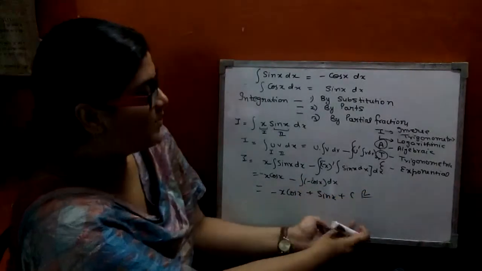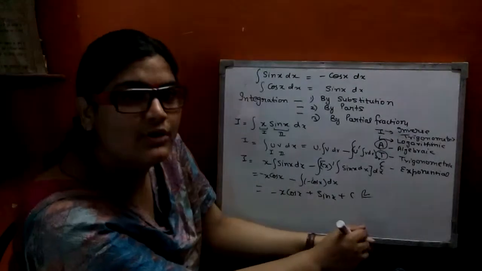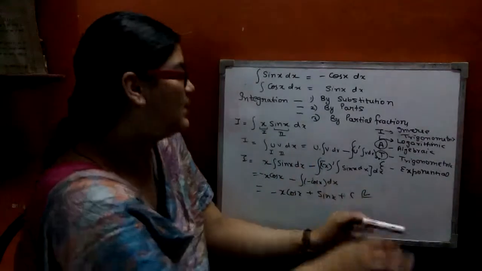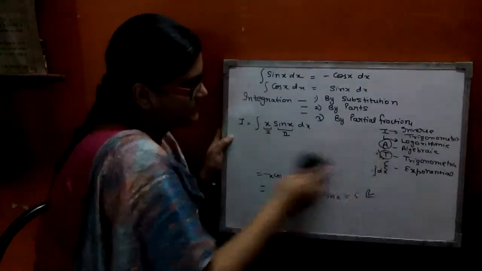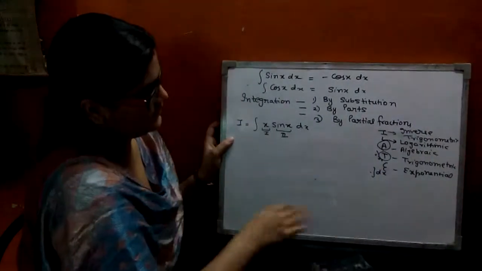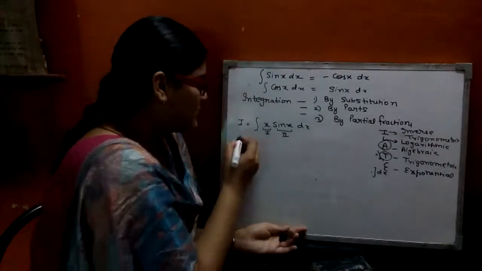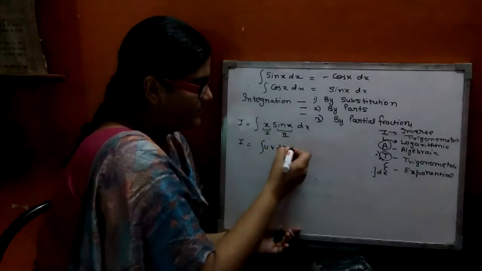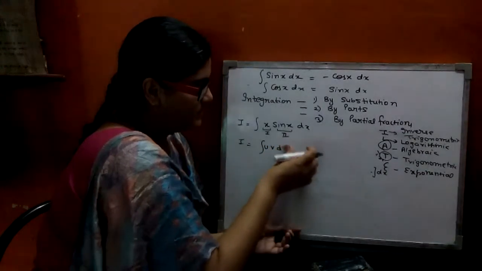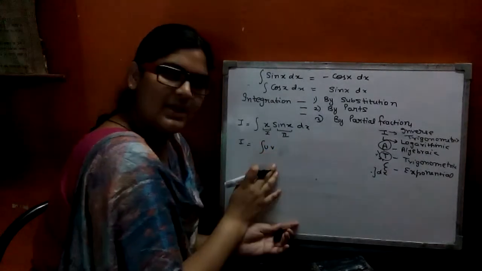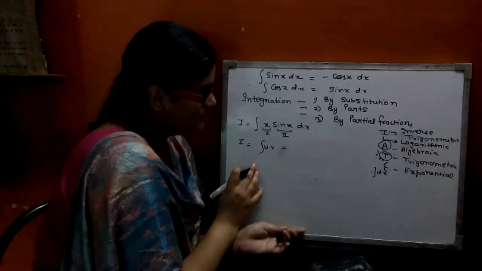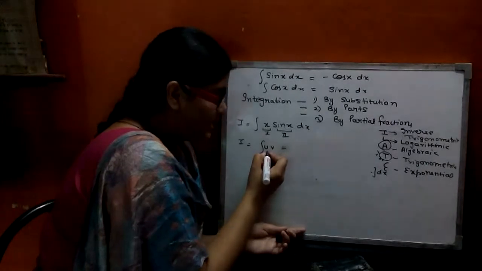But we have an easy trick also. If you take it as a difficult formula, then what you do? You just remember this trick. You have two functions, whether you have to integrate with respect to u or with respect to v. Listen to me.